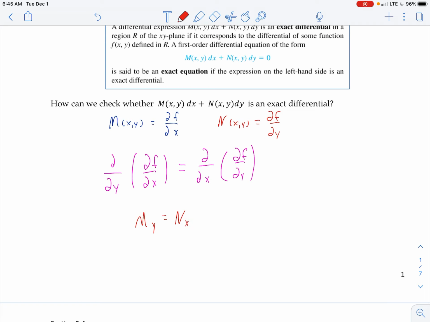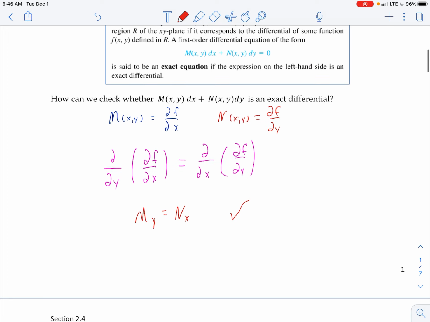If those two equal each other, then we have an exact differential equation. This comes from Fubini's theorem when we're talking about partial derivatives. I don't know if you recall, when we took the partial with respect to x and then with y, it's going to equal taking the partial with respect to y and then x. And so that's how we can check.